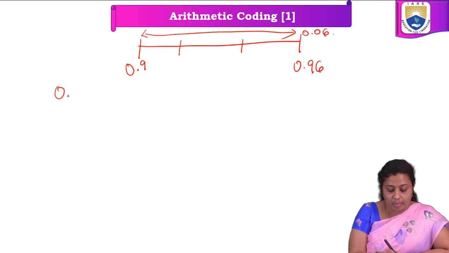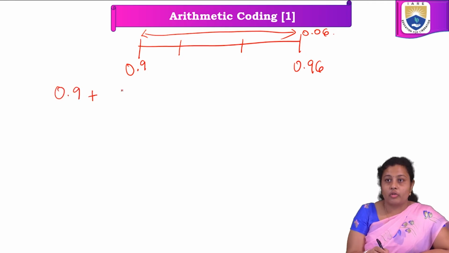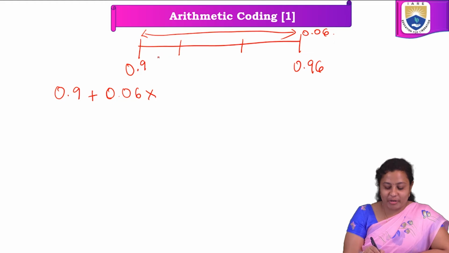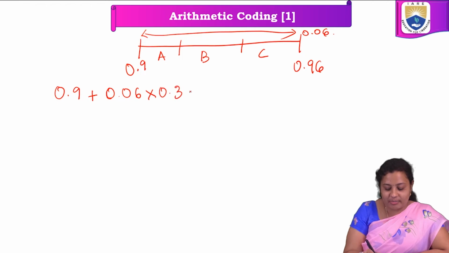I get it as 0.9 plus my length 0.06 into the probability of the symbol A. What is the probability of A here? We have the value 0.6.